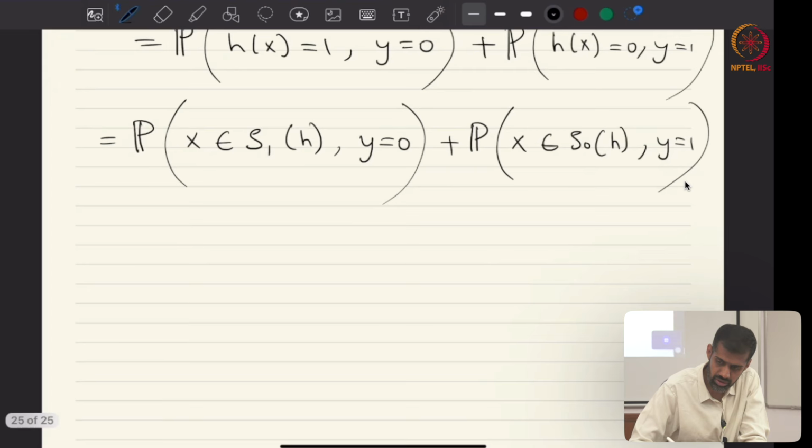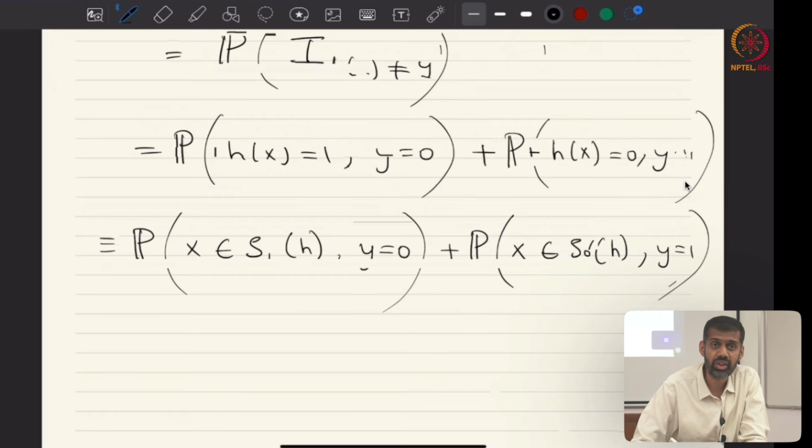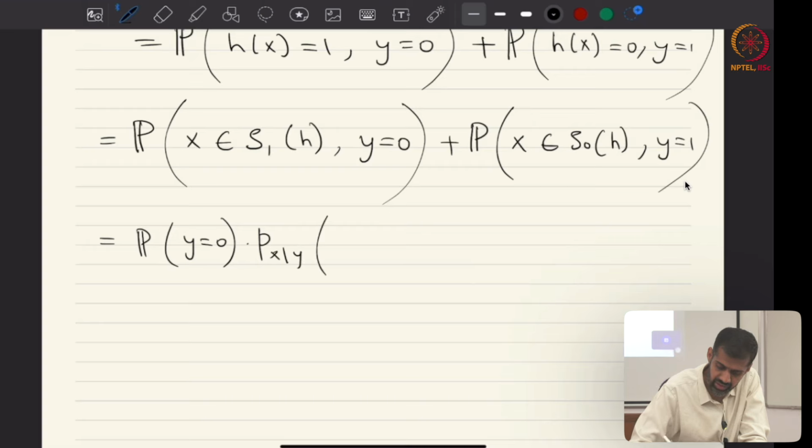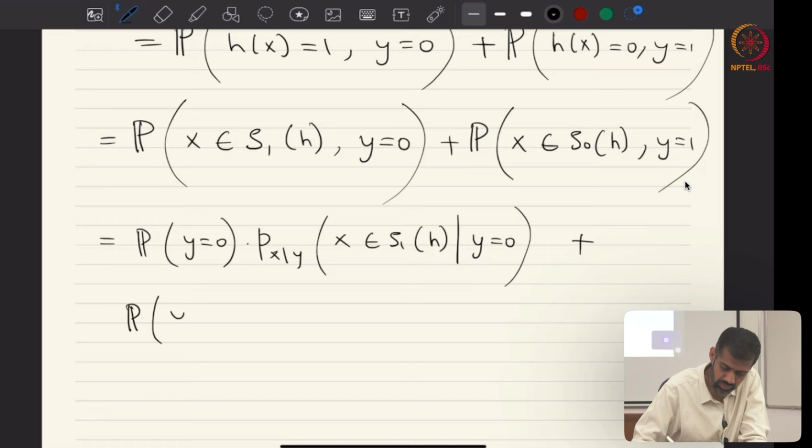Now this is a joint distribution. I will write the joint distribution as a product of marginal and conditional: the probability of y being equal to 0 times the conditional distribution of x given y, as x is in S1 of h given y equal to 0, right, plus the conditional distribution, when I condition, x is in S0 of h given y equal to 1.